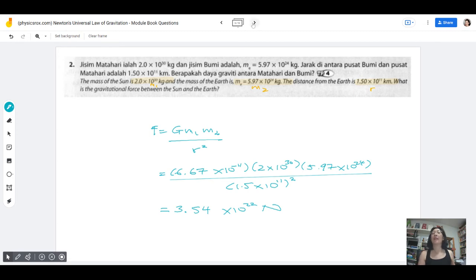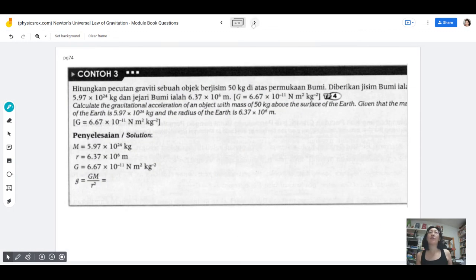Okay, let's go on to Contoh 3, page 74. So for this question, you need to calculate the gravitational acceleration of an object with mass 50 kilogram above the surface of the Earth. Basically, this is given the mass of the Earth and the radius of the Earth.